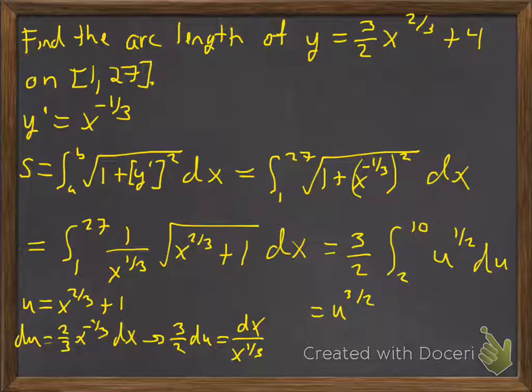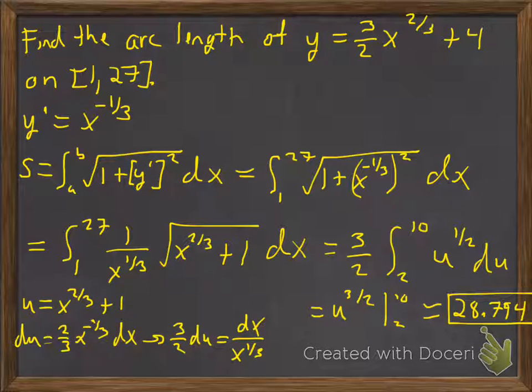It becomes u^(3/2), and then we would divide by 3/2, but we already have a 3/2 on the outside, so those offset each other. Then all we have to do is evaluate it from 2 to 10, and I computed that ahead of time, and it's about 29. So you can evaluate that on your own time. The change of variable is not necessary, but I think it saves us a little bit of time here. Okay, so that's arc length.